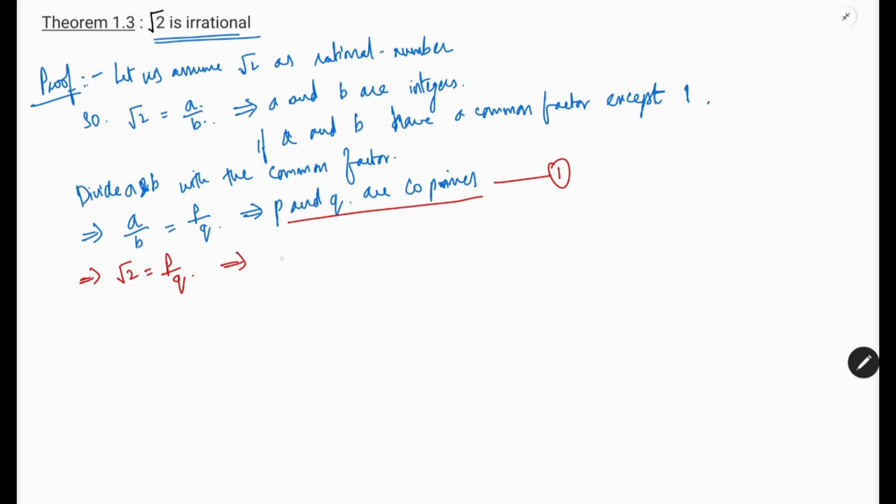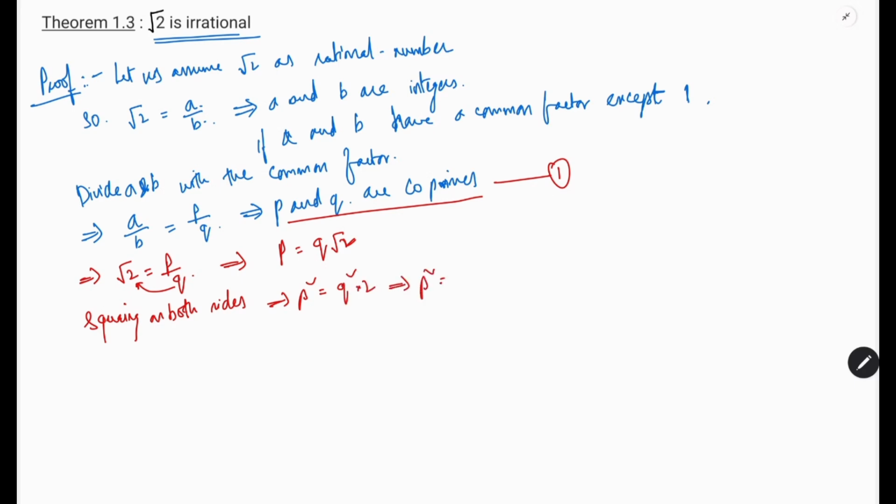Multiplying, P is equal to Q root 2. When you square on both sides, you get P square is equal to Q square into 2.